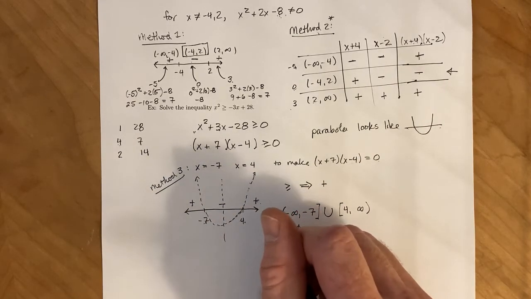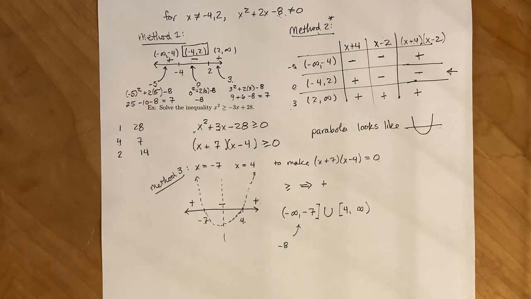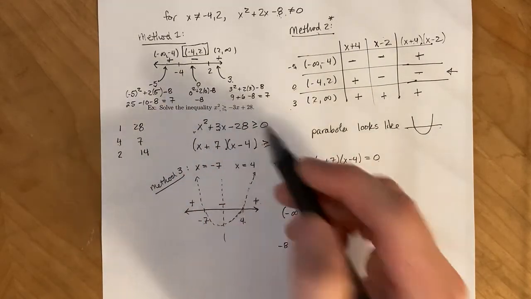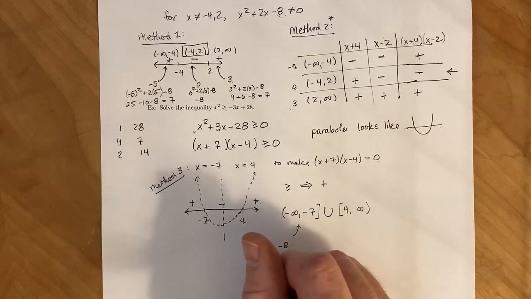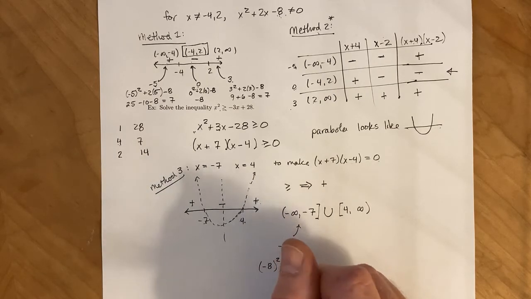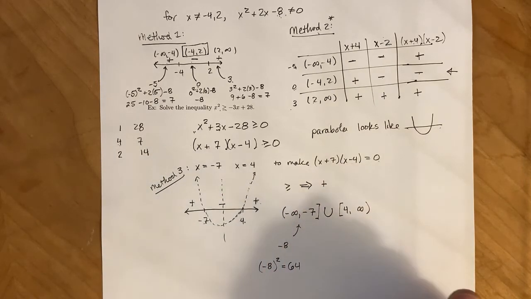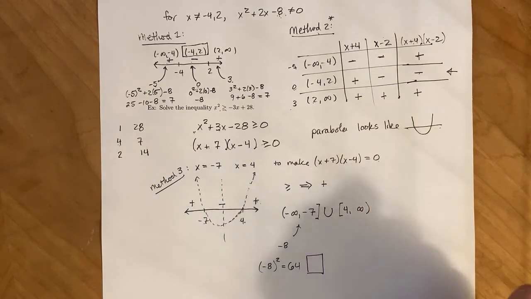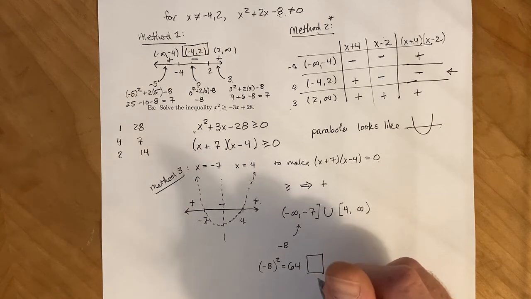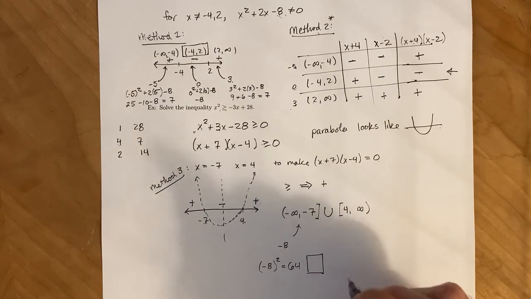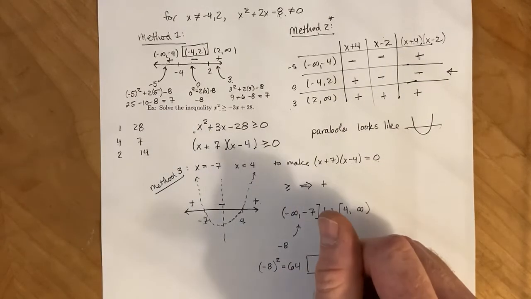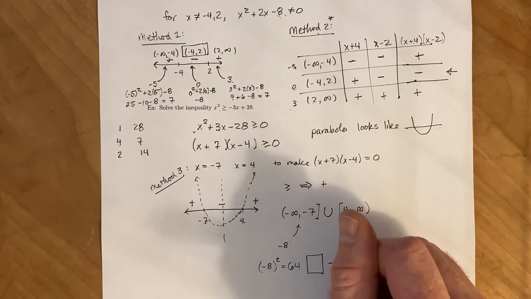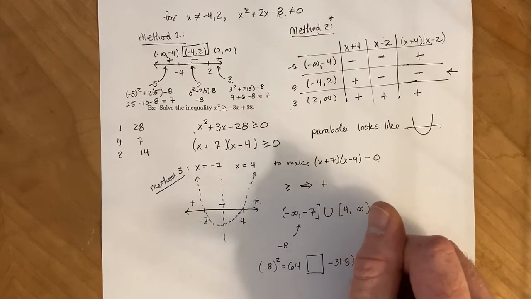Let's say negative 8. If we worked with the original inequality, we would have negative 8 squared, which gives us 64. And what I like to do is create a blank box, which we'll fill in with the inequality that fits it. And on this side, we're going to do negative 3 times negative 8 plus 28.